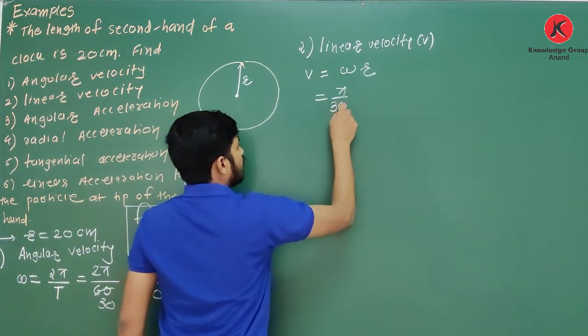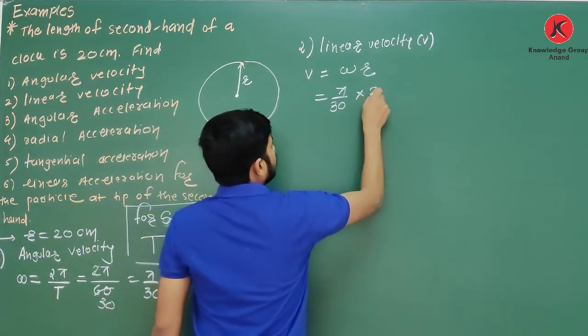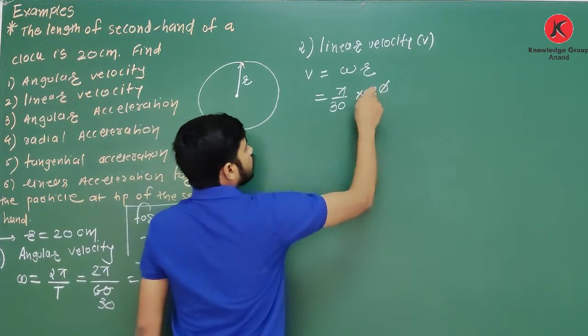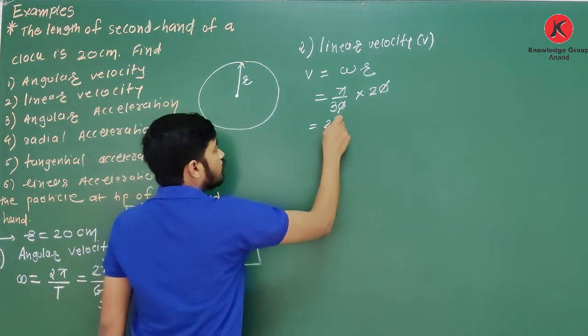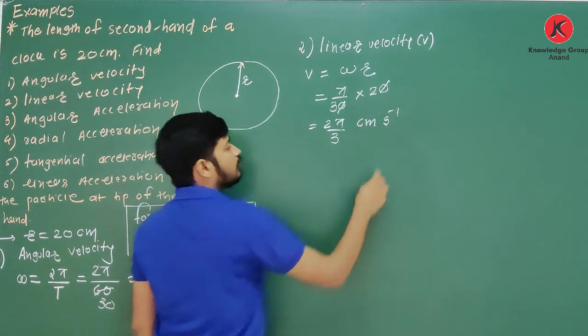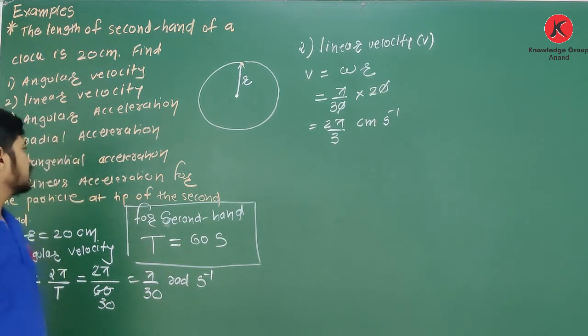And what is the value of r? It is 20 centimeter. So it is 2 pi by 3 centimeter per second. Why centimeter per second? Because the radius is given in centimeter. So linear velocity is simple.